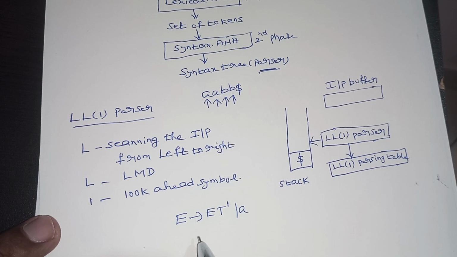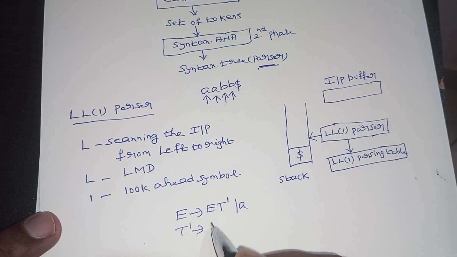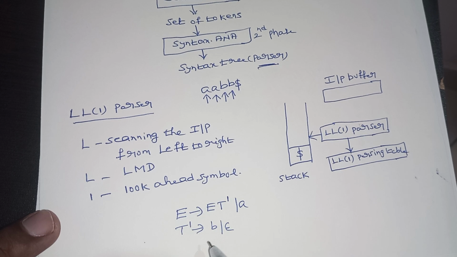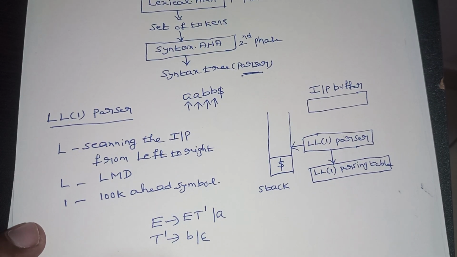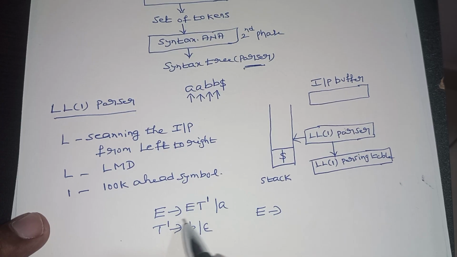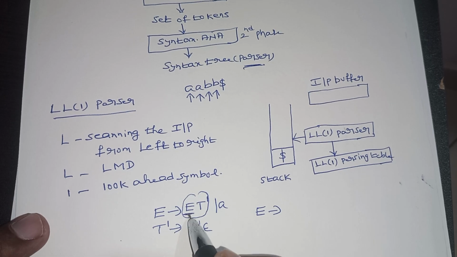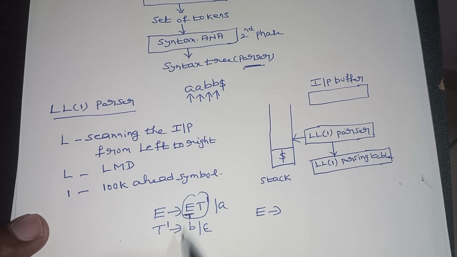If I want to derive any string, for example a small string, take one more: T' goes to small b or epsilon. In the RHS, the leftmost variable you are replacing each time.